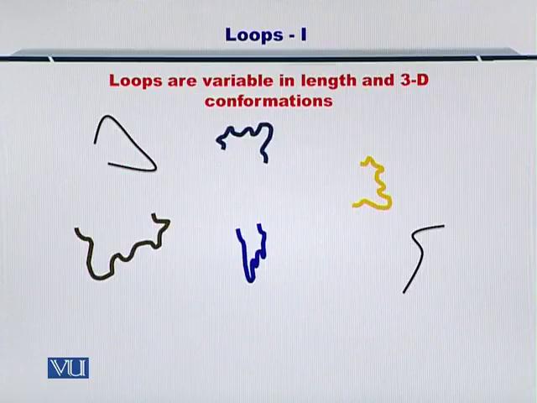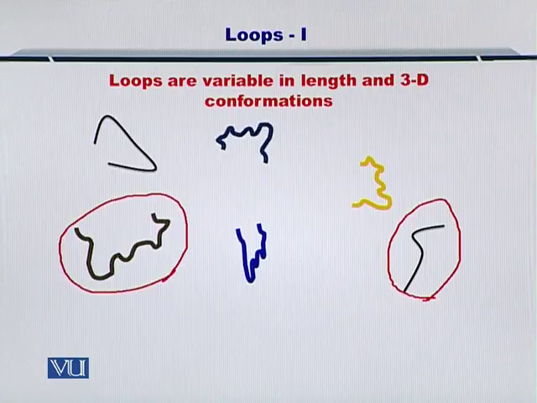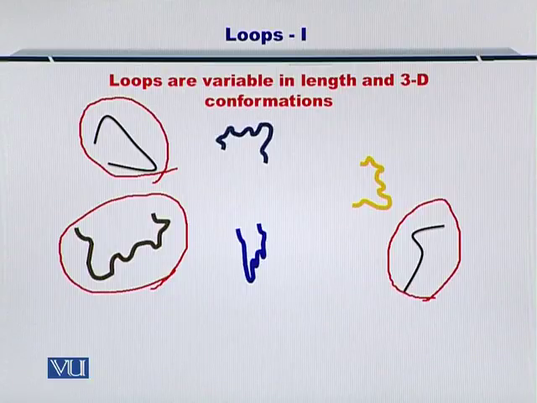Now, another important property of these loops. As you can see here, these loops are of variable length, shapes, and sizes, and this is necessary because along the backbone of a protein, if some C terms and N terms are not participating in the formation of alpha helices or beta sheets, then they need to participate in the formation of a loop.